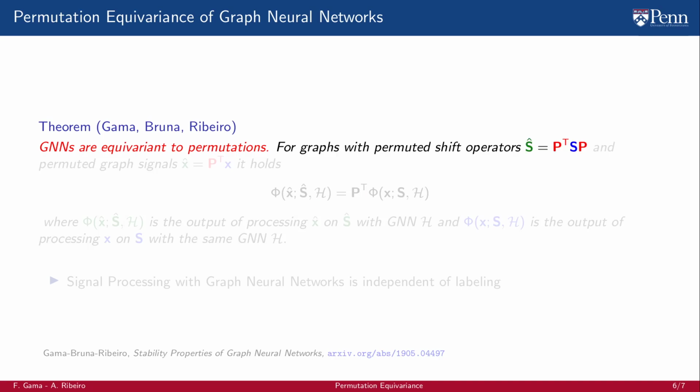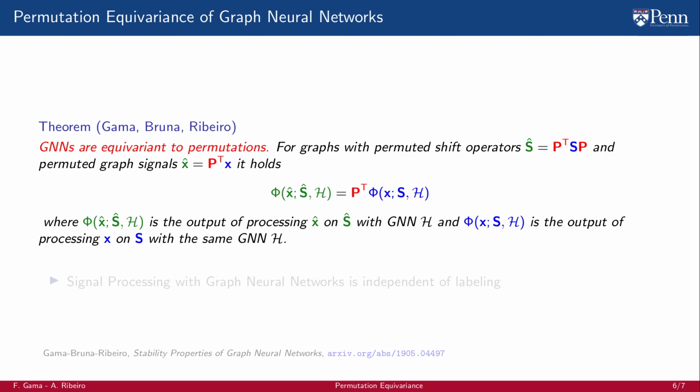More specifically, for a graph with shift operator S and with a permuted shift operator S hat, and for a graph signal x and the same signal correspondingly permuted x hat, it holds that the output of a GNN based on the permuted graph S hat and acting on the permuted signal x hat is equal to the permutation of the output of the GNN based on the original graph S acting on the original signal x. Of course, this holds as long as the filter taps h of each GNN are the same. Essentially, this proves that signal processing with graph neural networks is independent of labeling.